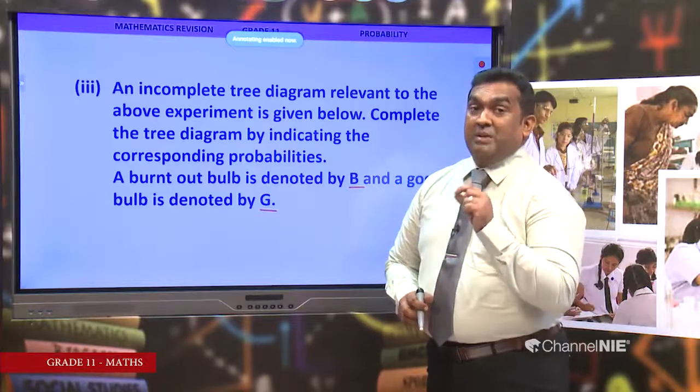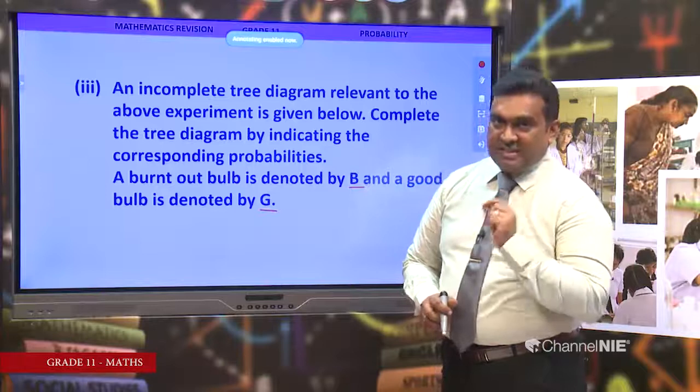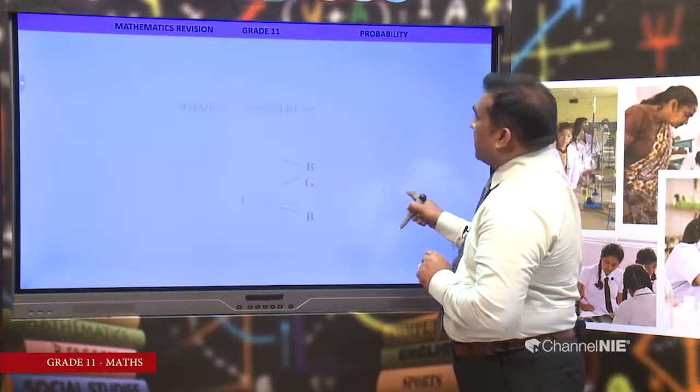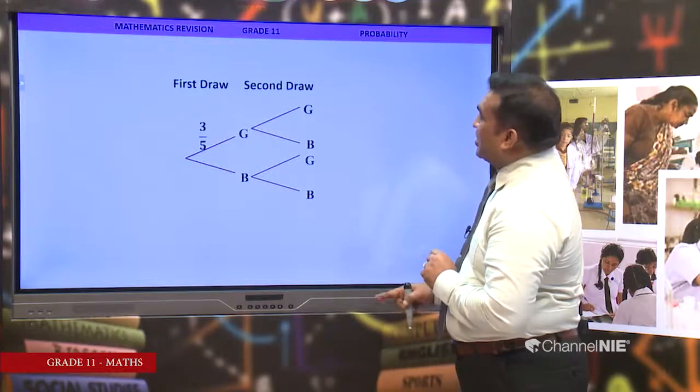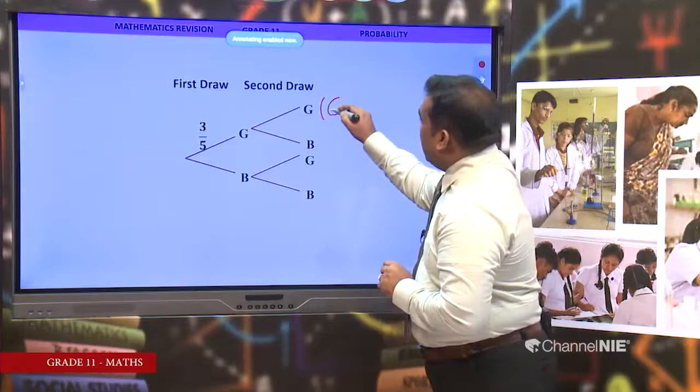Events are represented as capital English letters, right? First row, second row. Then how to write the sample space?